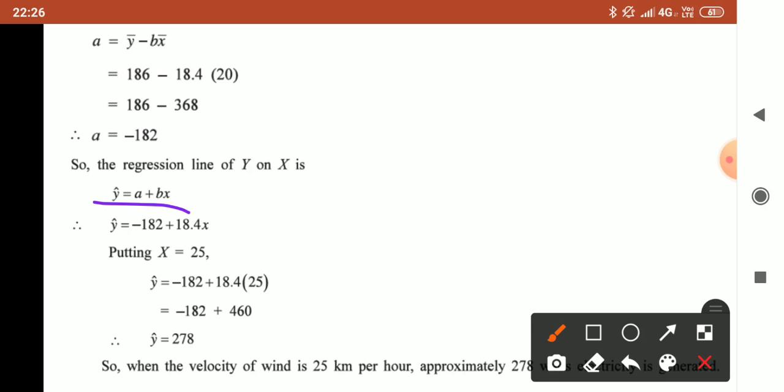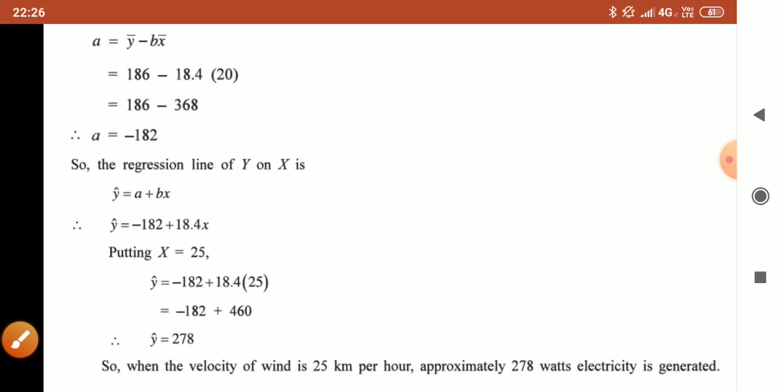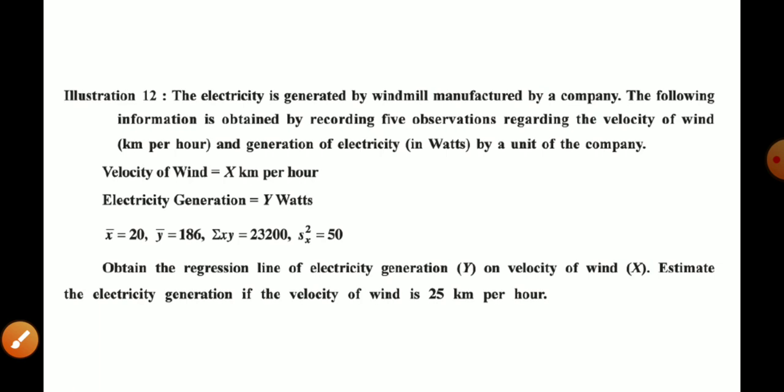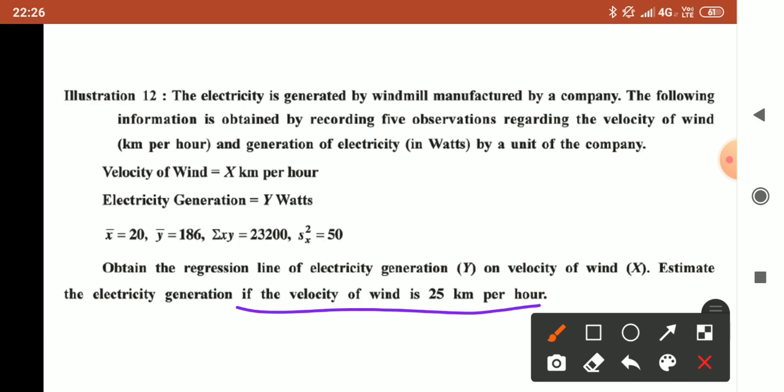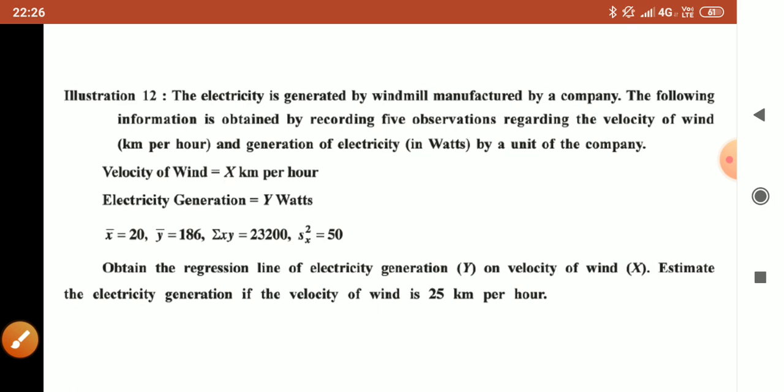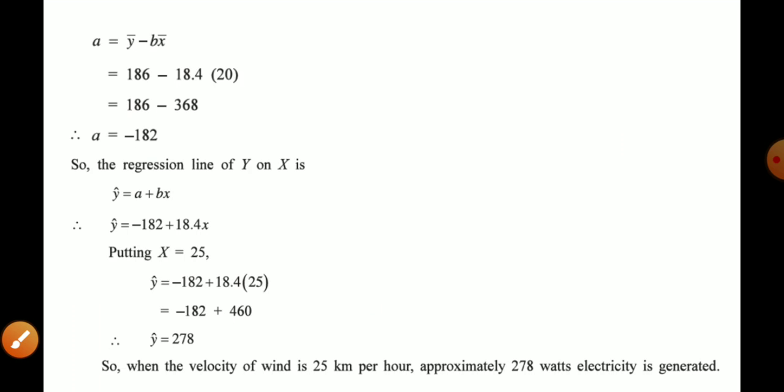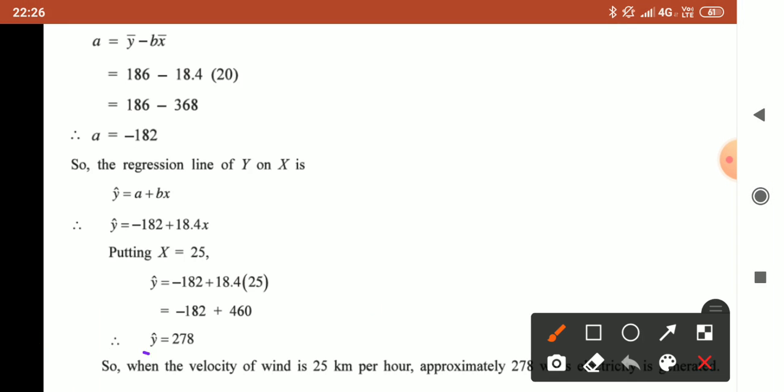Y cap equals, I'll put in the values. After that I'll put x equals 25. Why will I put x equals 25? Because in the sum it is given to estimate the electricity generation if the wind is 25 km per hour. So by putting x equals 25, I'll get the answer y cap equals 278.